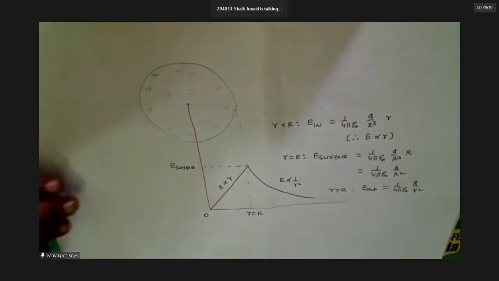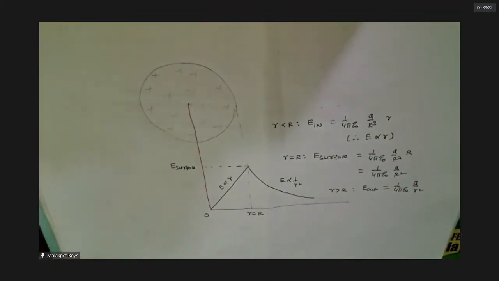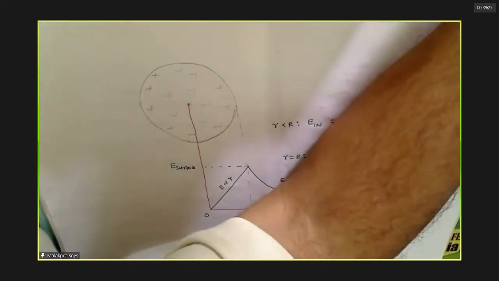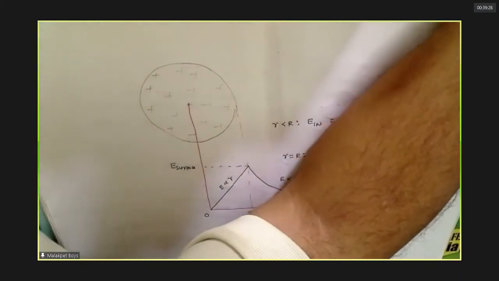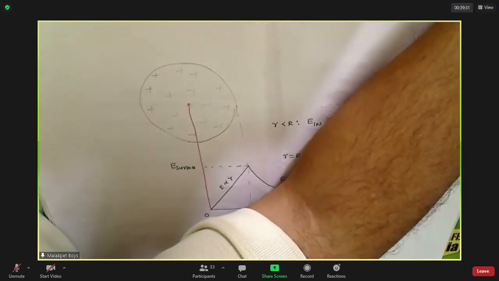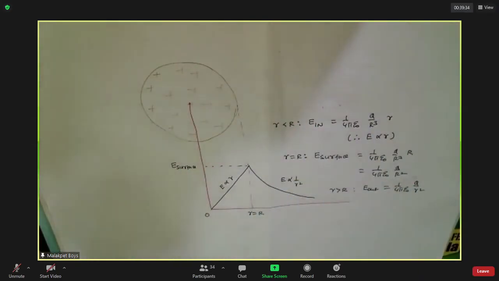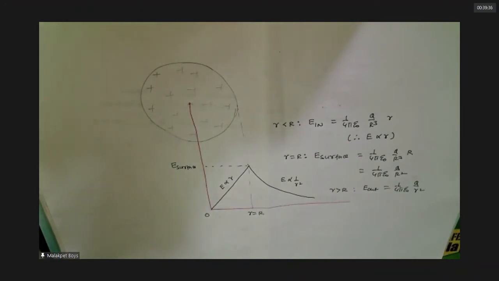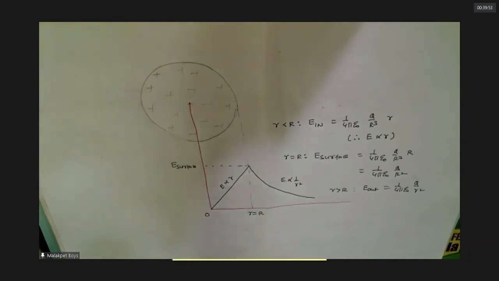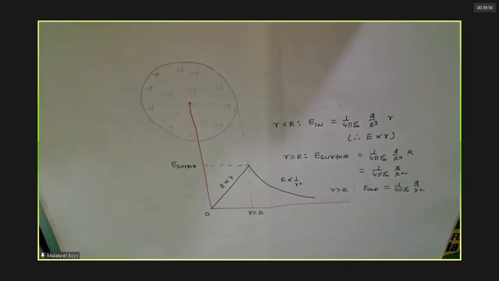Followed this? That means at any region the electric field is always radially outward, no?